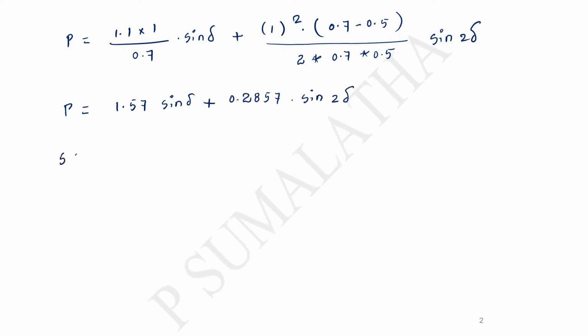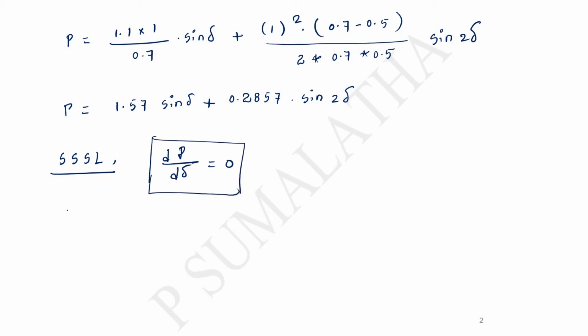Now the condition for steady state stability limit is that we differentiate this power equation with respect to del and equate that to 0. By differentiating, dP by d del is equal to 1.57 sin del becomes cos del, plus 0.2857 into sin 2 del becomes cos 2 del.